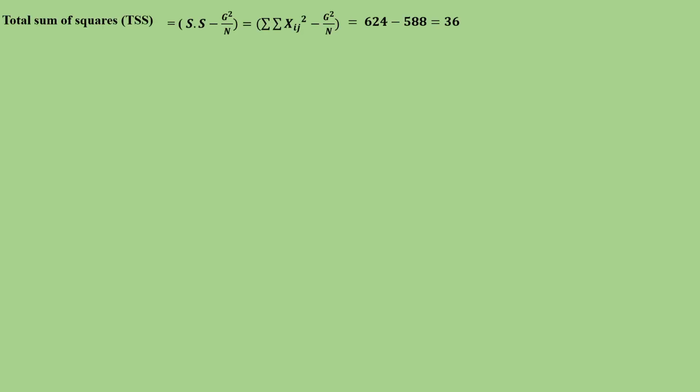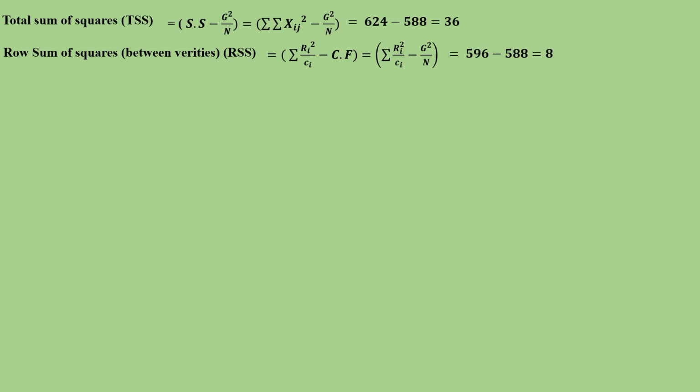Next you have to calculate total sum of squares, right? That is equal to 36. Data are given, right, in the table already there. Double summation xij square minus correction factor G square by n, right? Row sum of squares RSS, summation Ri square by Ci minus correction factor, 596 minus 588, that is equal to 8, right?